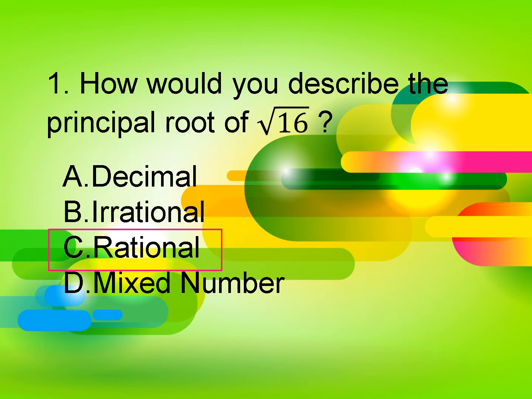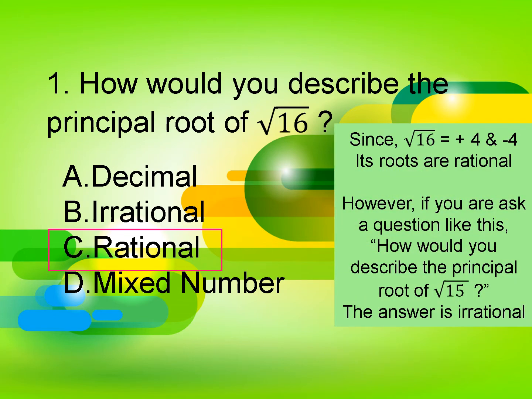Here is now the explanation. Why is it that the answer is rational? Since square root of 16 is equal to positive 4 and negative 4. And remember that the principal root is the positive root based on our previous video tutorial.